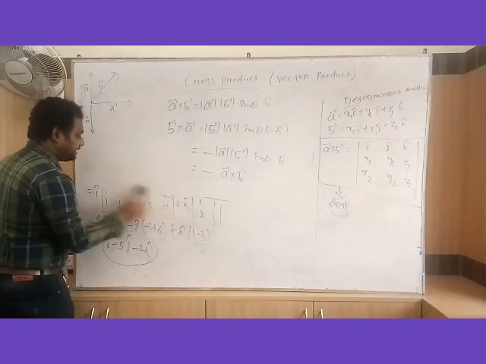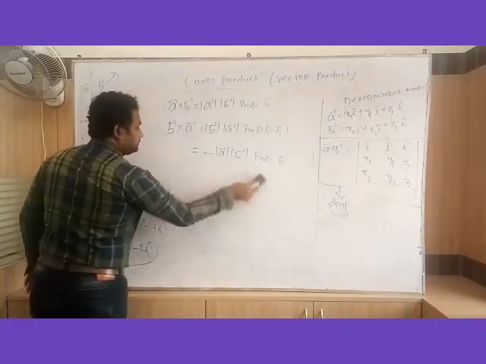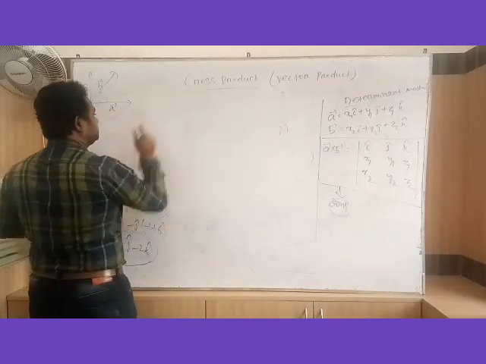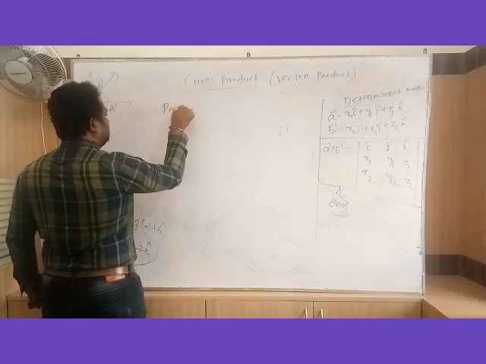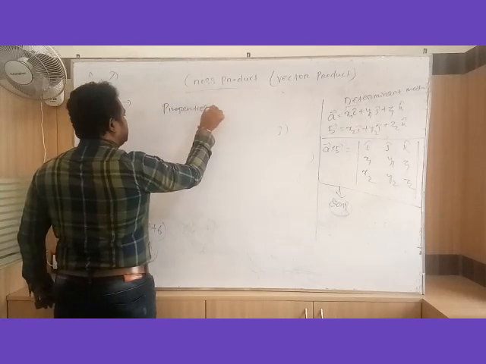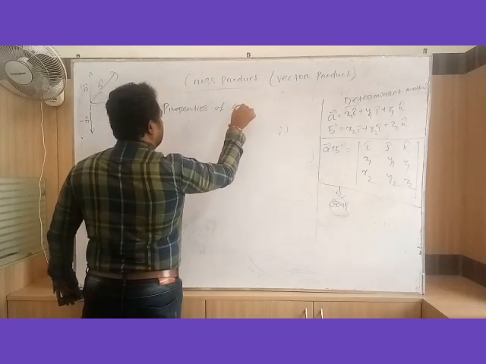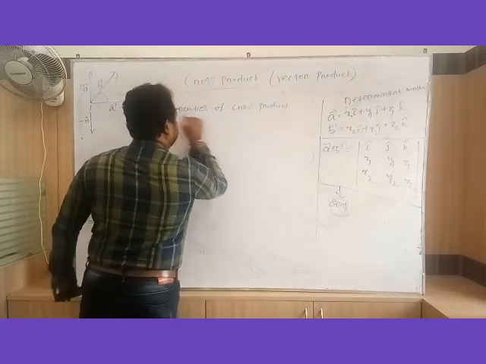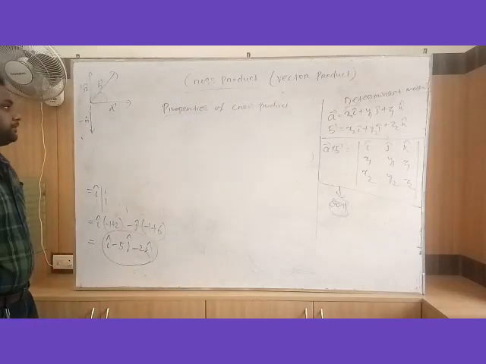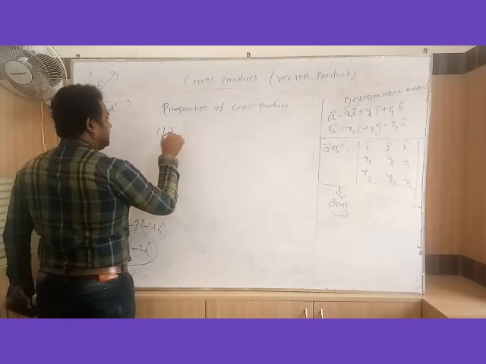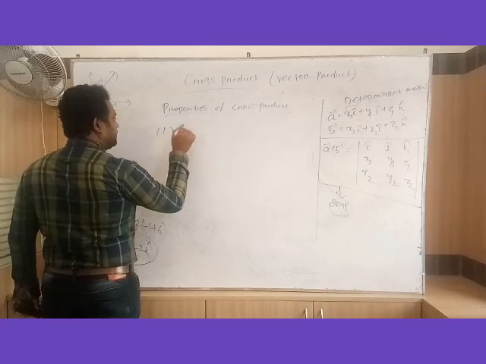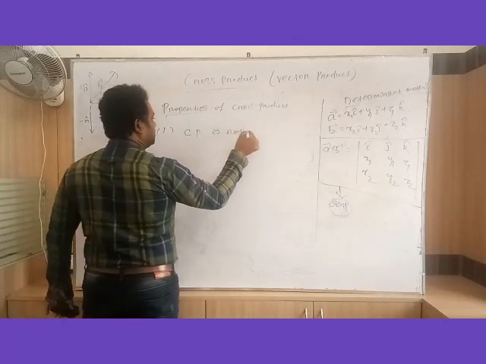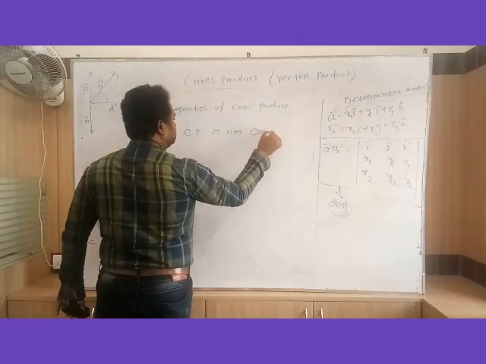Now let us see the properties of cross product. So what are the properties? First property, cross product is not commutative.